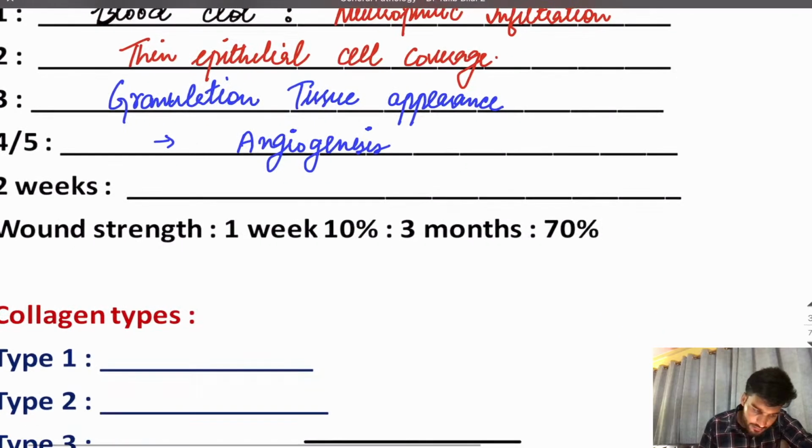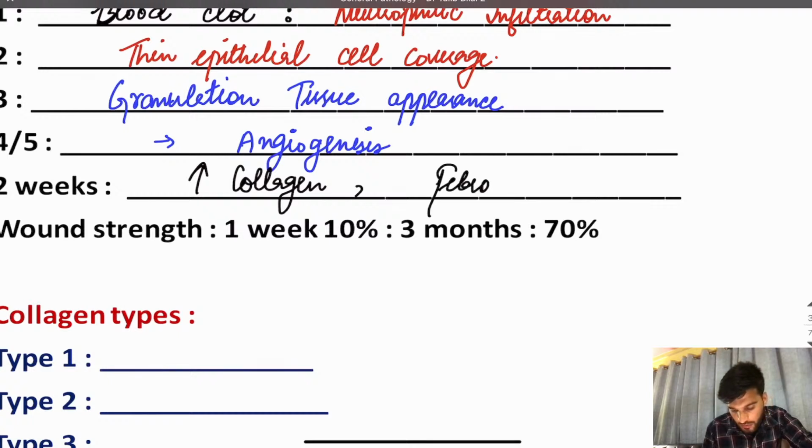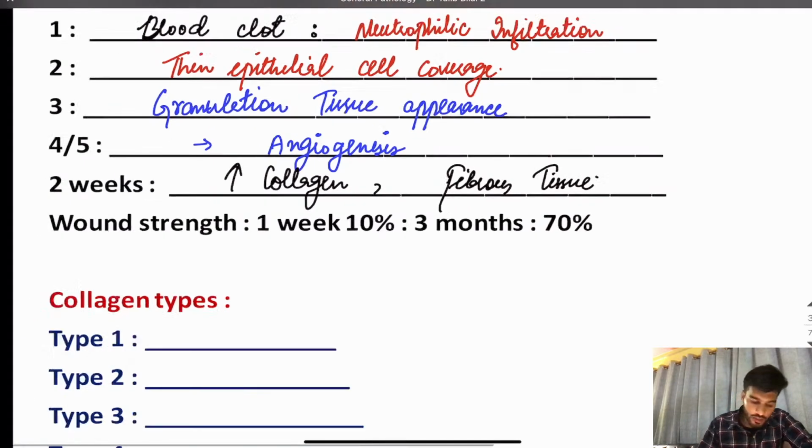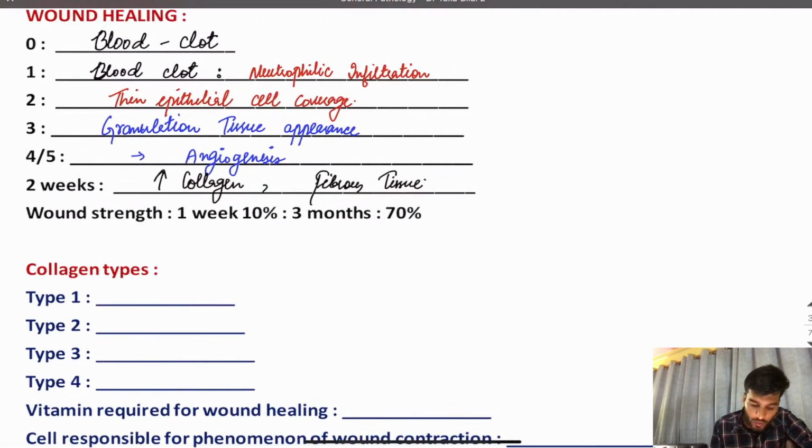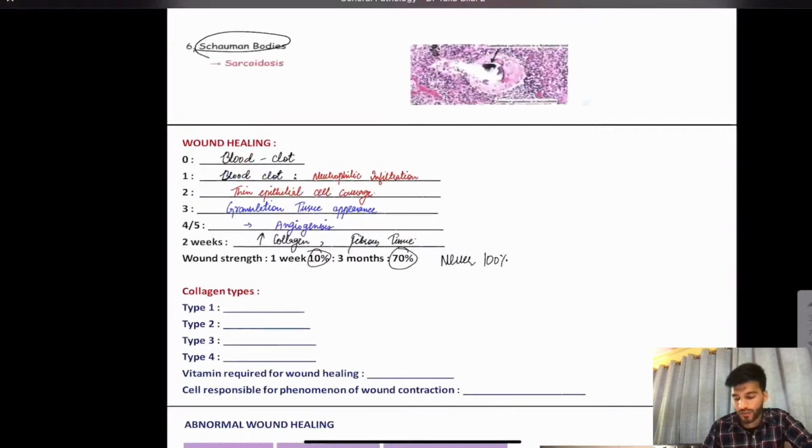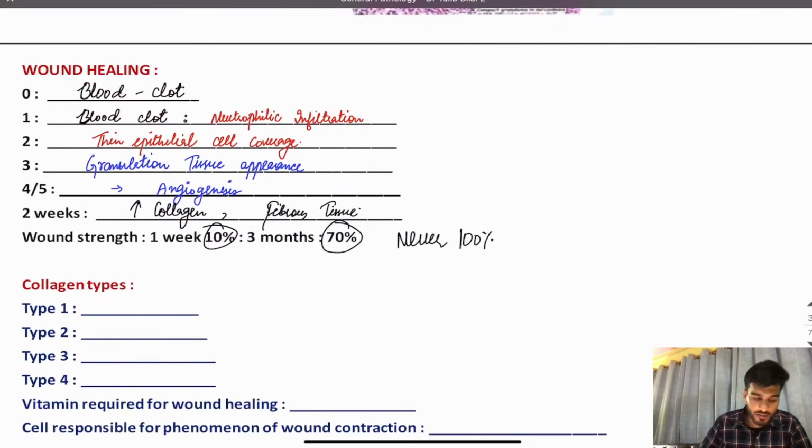After 2 weeks guys, there will be increased collagen and fibrous tissue. And remember guys, at 1 week the wound strength will be 10%, at 3 months 70%, but never 100%. It's the same in case of a bone fracture as well.